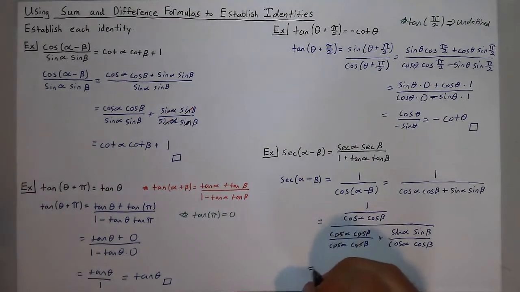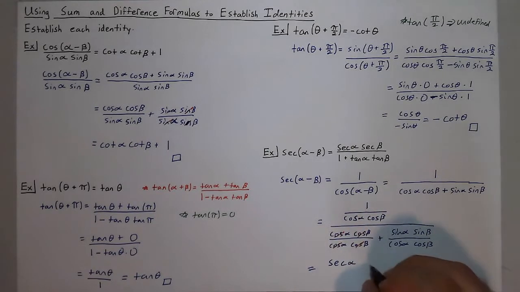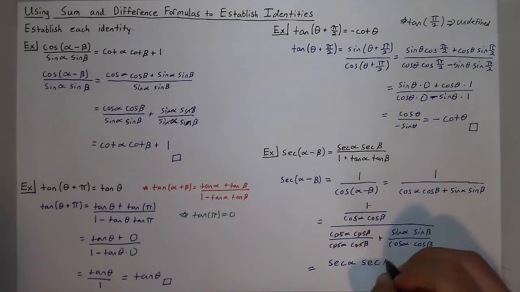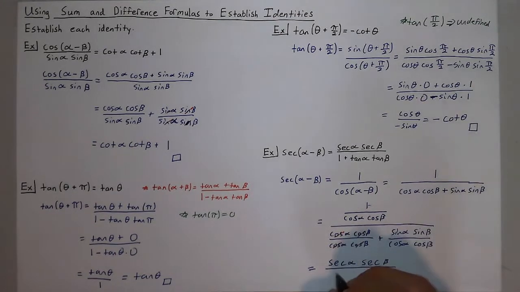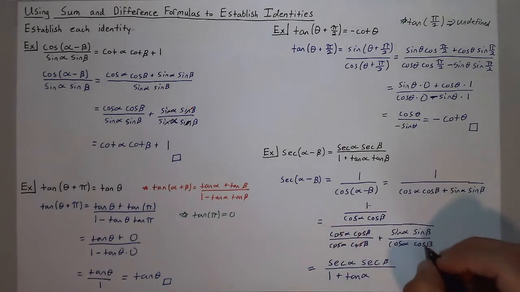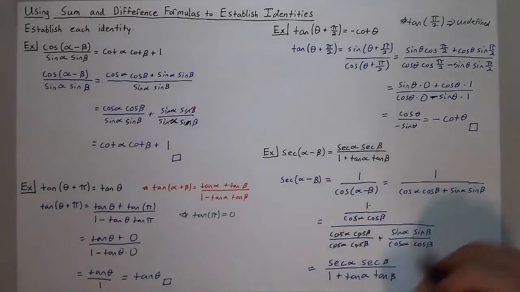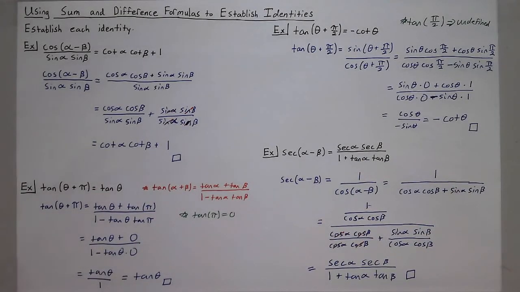I'll end up with 1 over cosine alpha, which is secant of alpha, 1 over cosine of beta, which is secant of beta, all over 1, because all that canceled out, plus sine of alpha over cosine alpha, which is tangent of alpha, and sine of beta over cosine of beta, which is tangent of beta. And there you go, there's the identity. And that is how you use sum and difference formulas to establish identities.